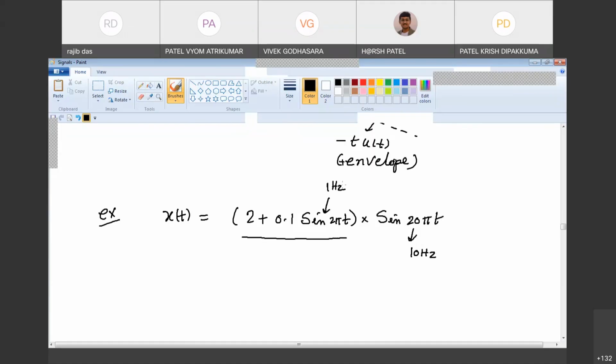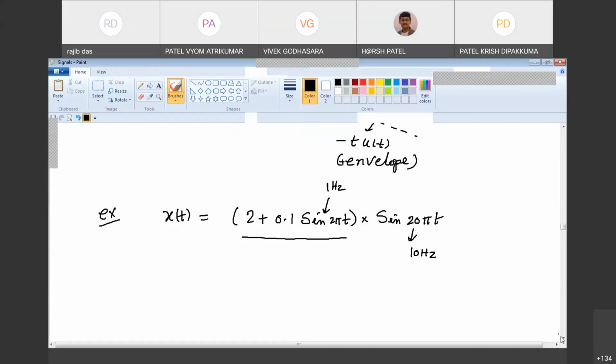Because sine 2 pi ft, f is 1 here; in 2 pi into 10t, f equals 10. And this is your DC level. So this is a higher frequency 10 hertz signal, but this is behaving as its amplitude.